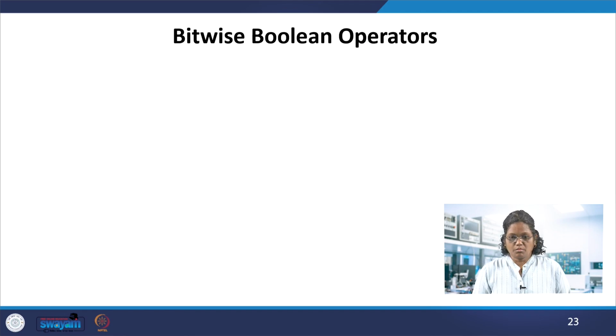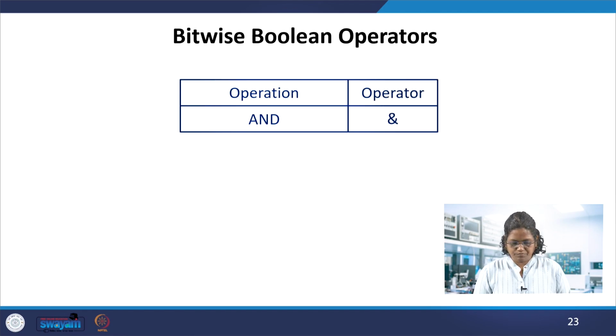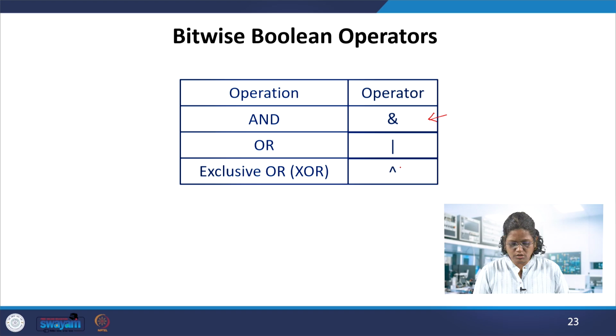Now the bitwise Boolean operations. There is the AND, as in the first example we took. It is a bitwise Boolean operator, and we need to differentiate between the bitwise Boolean operators and the logical operators. OR is given by a single vertical line as the operator, and exclusive OR is the cap symbol.